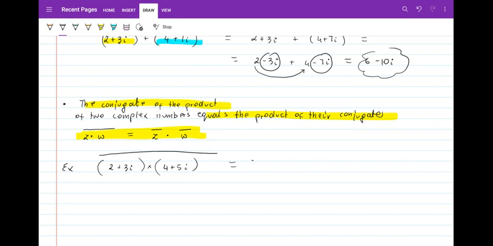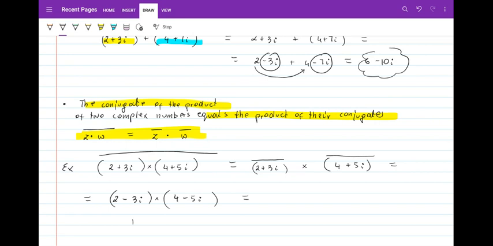First I'm going to find the conjugate of 2 plus 3i. Then I'm going to find the conjugate of 4 plus 5i, and I will multiply those conjugates together. So the conjugate of 2 plus 3i is just 2 minus 3i times the conjugate of 4 plus 5i, which is 4 minus 5i.